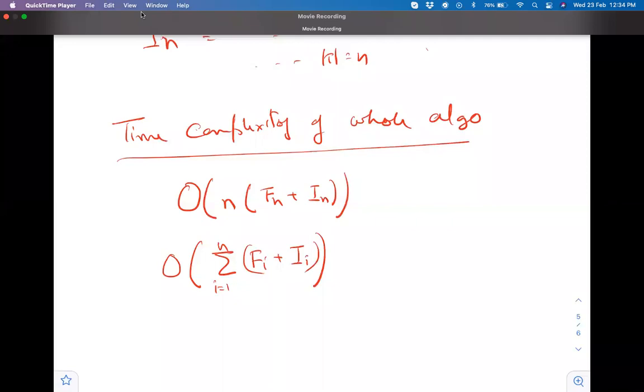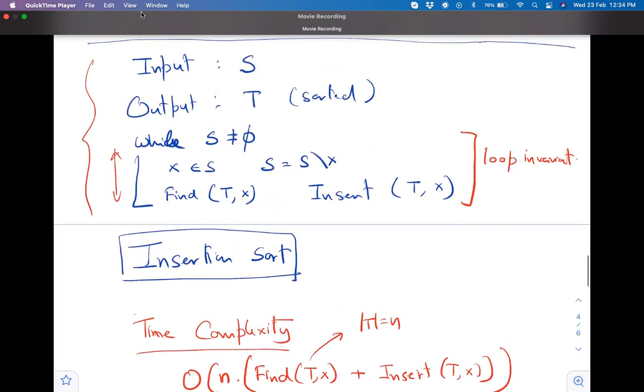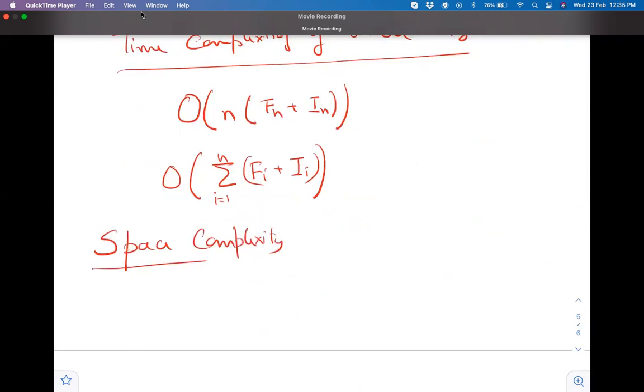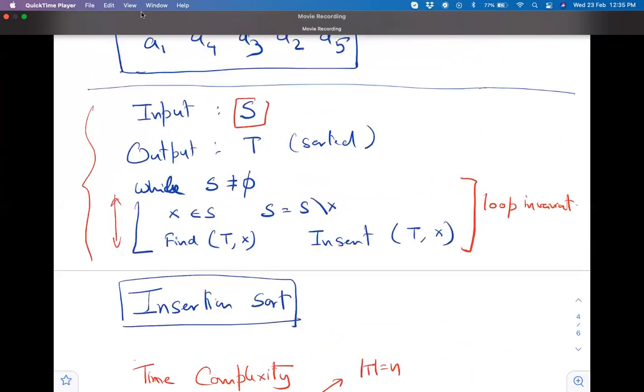Now there are other things that are important here. We are only talking about time complexity. What is the space complexity? Constant. What does space complexity mean? I have, of course, been given this input S, so that cannot be counted against me. The question is how much extra space am I using?